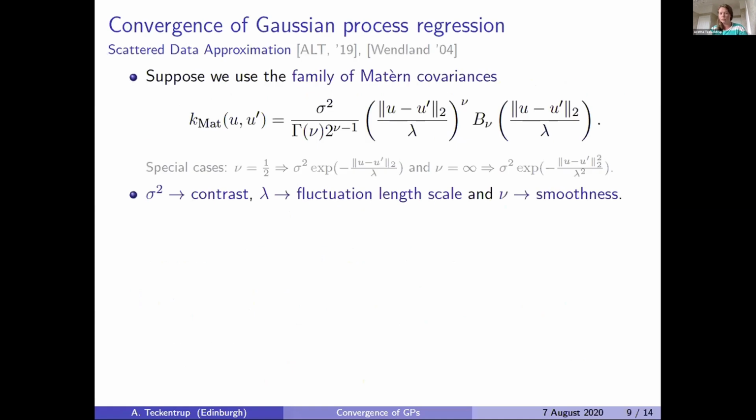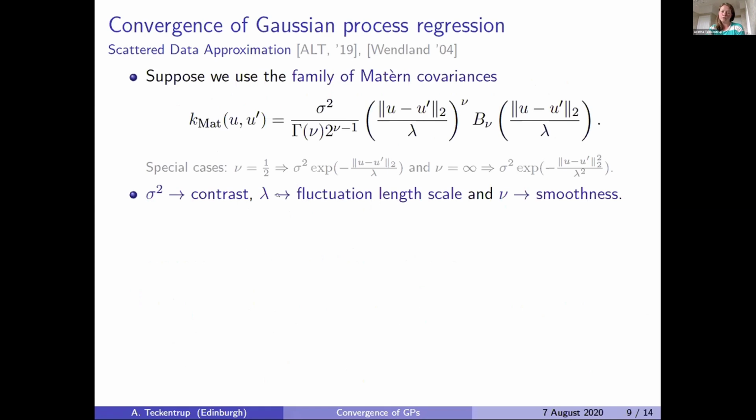Okay. So the first example is the family of Matérn covariances. This is a parametric family of covariance functions with three parameters. One parameter is sigma squared, the marginal variance. This is the one that governs the contrast, how large your fluctuations are.